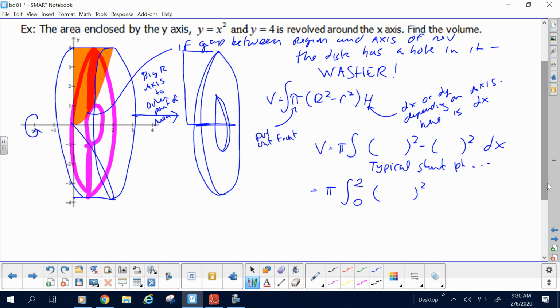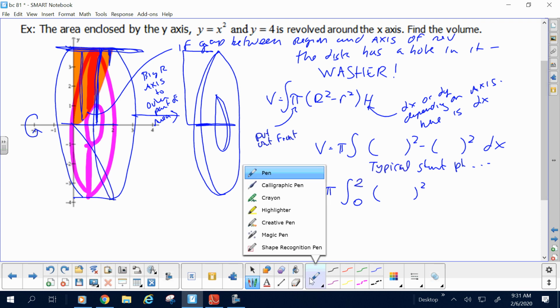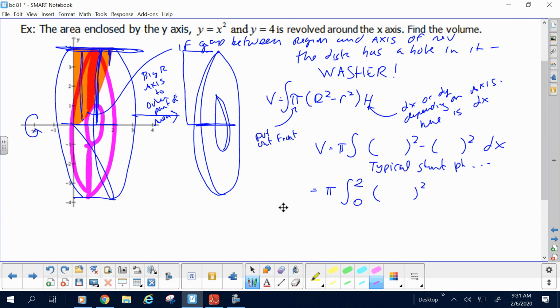So when we go from here out to here, do we go to the function, or are we every time going to that point? Let me show you with a little highlighting. Here's big R. Here's big R. Here's big R. Big R is always forward. The outside is flat. And big R, the radius of the outside, is always 4.